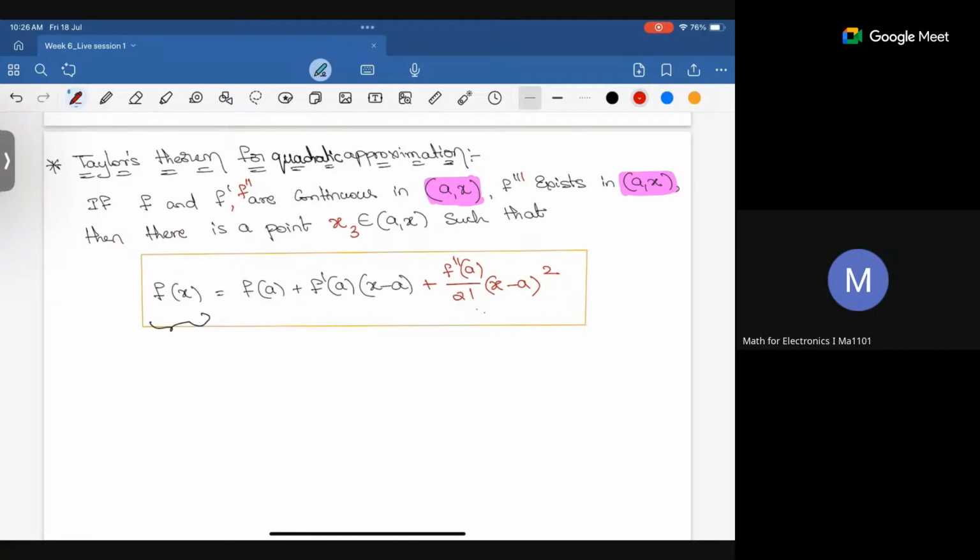And then comes the error term: f triple prime of x3 divided by 3 factorial times x minus a whole cubed.